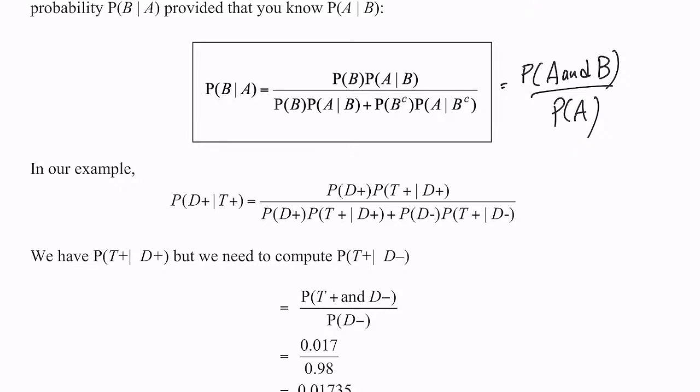In fact, what is this here? A can be happening with B, and A can be happening without B. So adding those together would give me the probability of A. That's what this is doing.